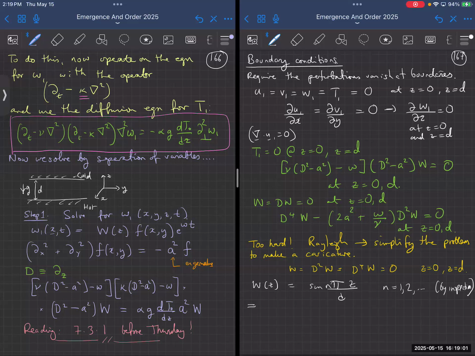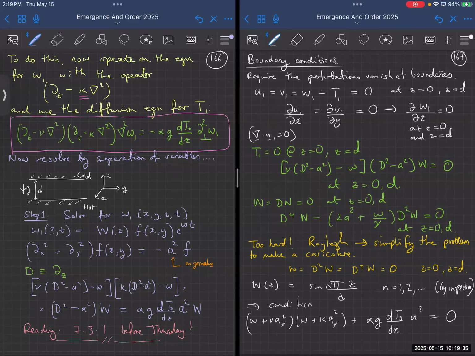And this gives you a condition, and that condition is the following. I'm going to write it down: omega plus nu A star squared, omega plus kappa A star squared, plus alpha G dT naught by dz A squared is equal to 0.